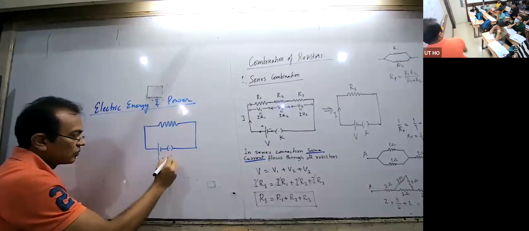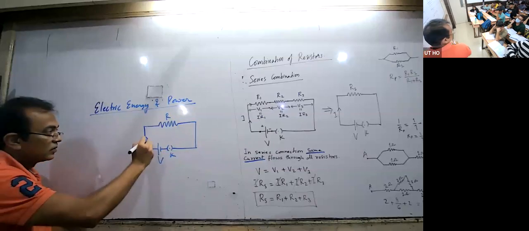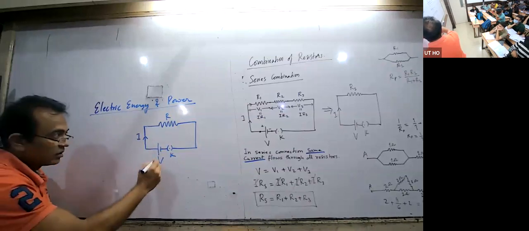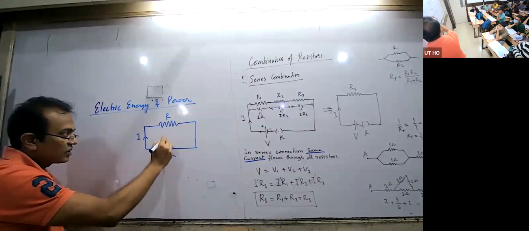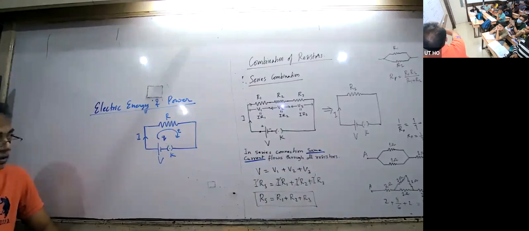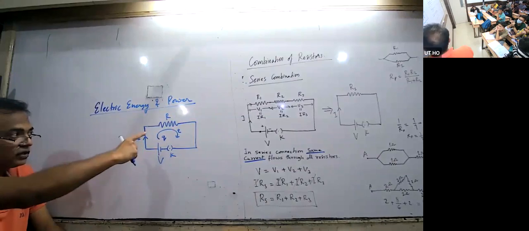Right. Let us say, so what is happening is this cell, right? Let us say charge Q flows for time T. If charge Q flows for time T, then the current going through the circuit is Q by T. Right?